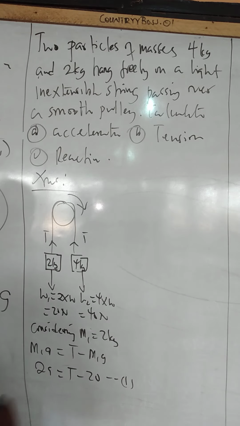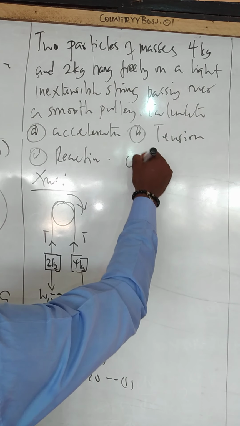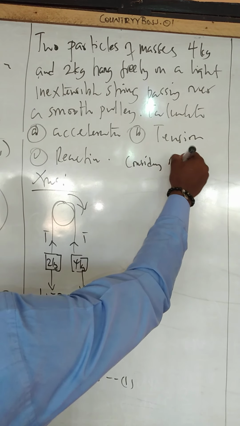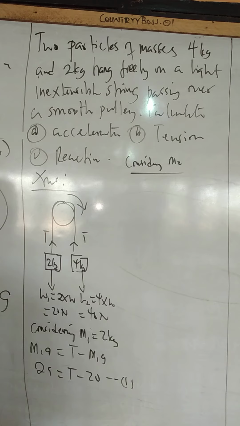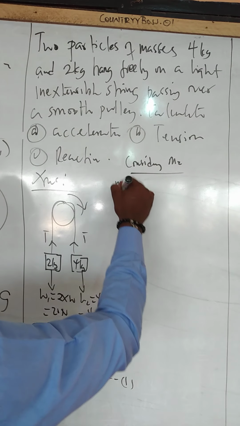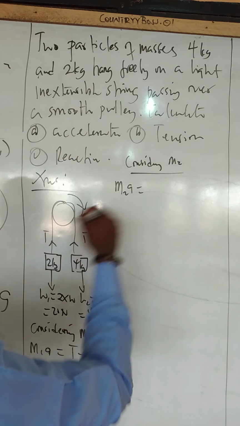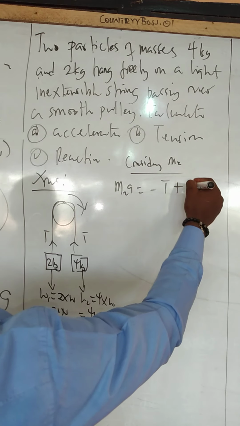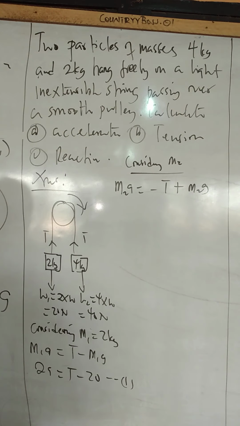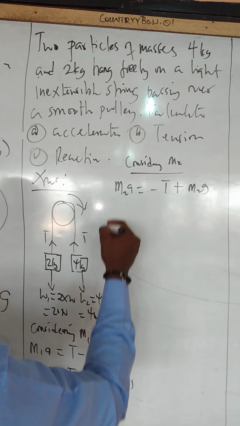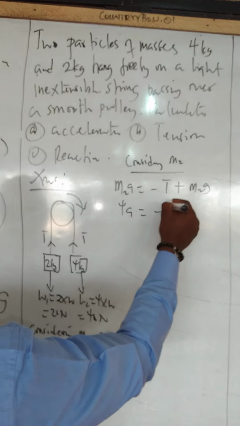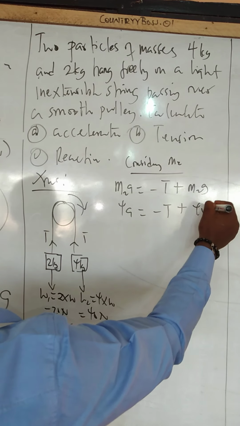Let's call this equation 1. Now, when we consider M2, we can also say that M2a is equal to minus T plus M2g. If you do it this way, you get 4a equal to minus T plus 40, equation 2.